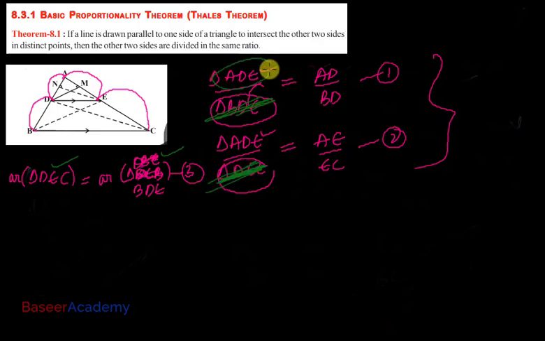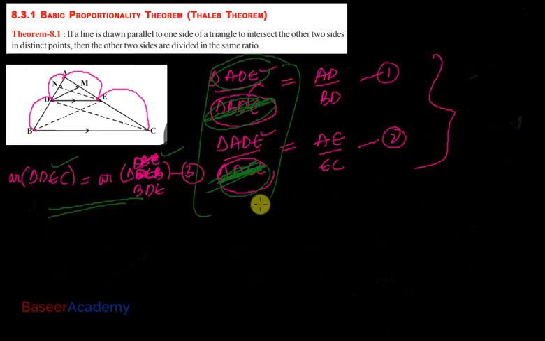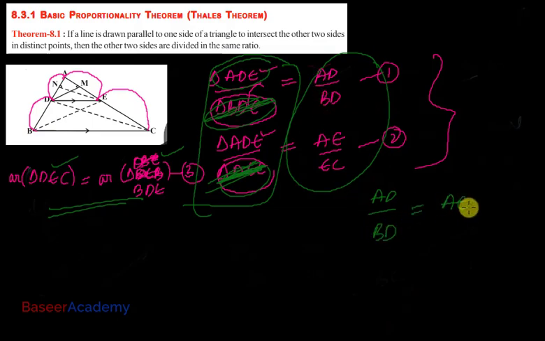Numerators were already equal. Now the denominators are also equal from the third equation, which means the left hand sides of these two equations are equal. If the left hand side is equal, the right hand side will also be equal. So obviously AD by BD will be equal to AE by EC. That is what we wanted to prove, right?